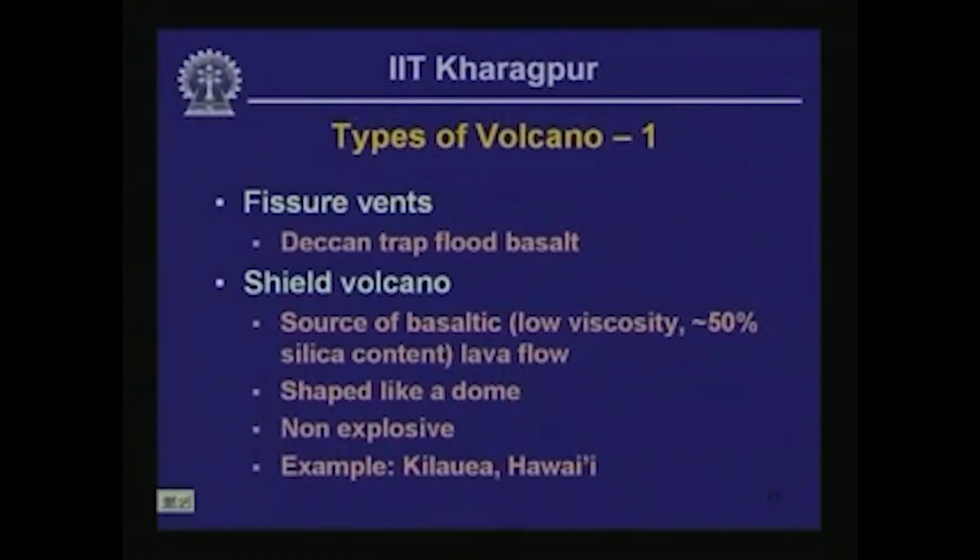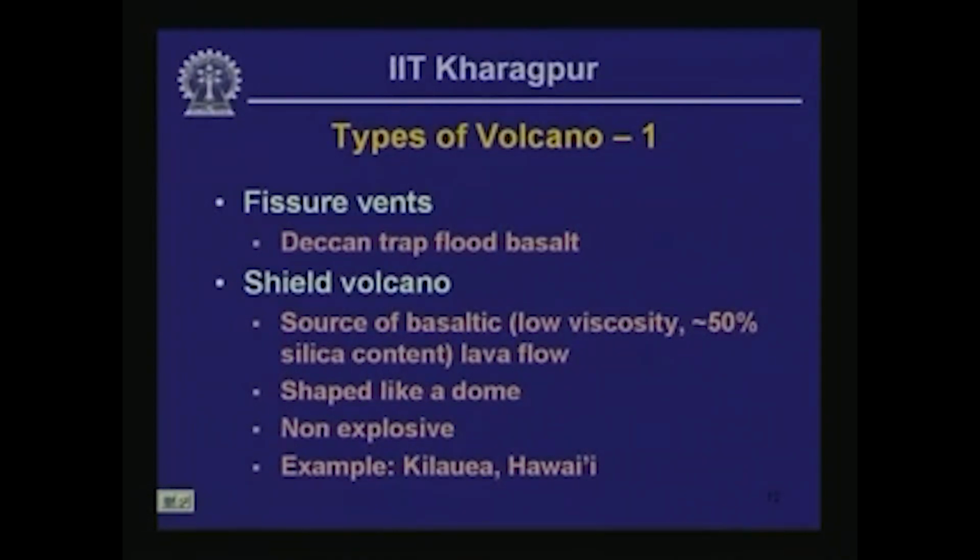The Deccan Trap, which covers a large part of the northwestern Indian peninsula, is essentially a result of activities that took place in the geologic past through fissure vents, it is presumed.